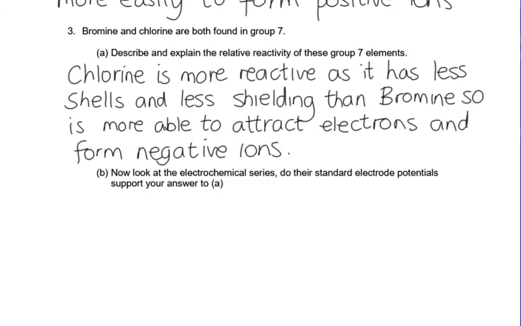Now look at the electrochemical series. Is your answer supported by the electrochemical series? Now if you look, you might have to go to the bigger electrochemical series that you've got in your study pack, which shows you chlorine and bromine, and it is supported because for non-metals, remember we want to gain electrons, so we need the most positive value.